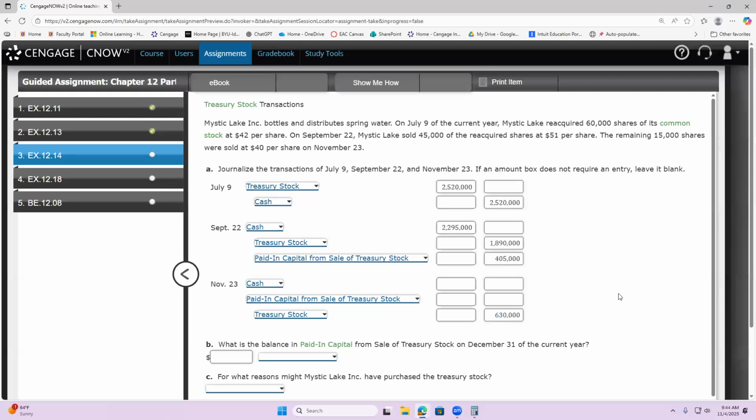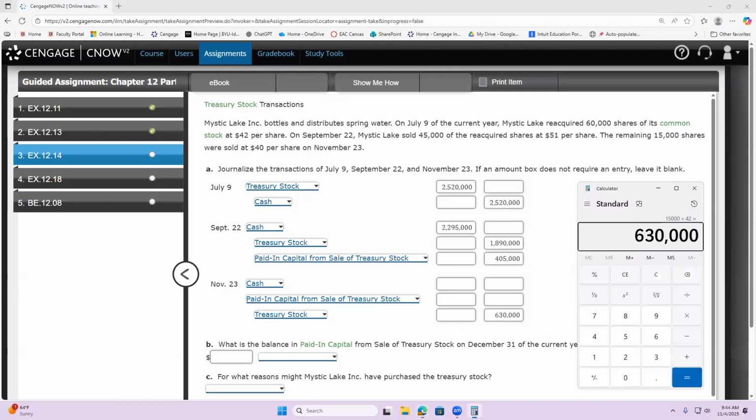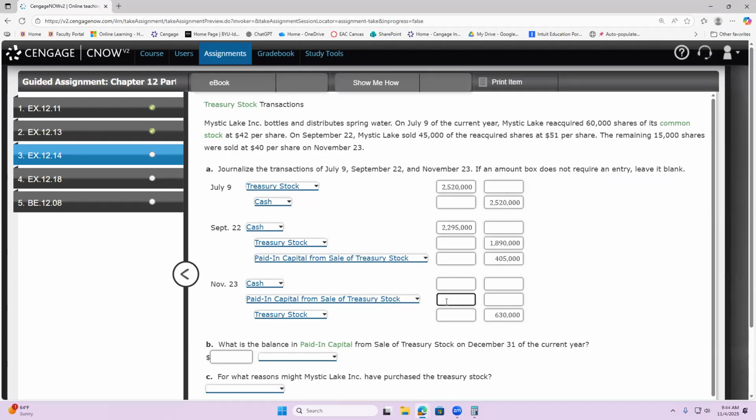So we're reducing our treasury stock by the cost of that treasury stock. But we actually didn't get full cash for it, right? We got negative $2. We lost $2 on each one. So I'm going to take $2 times the 15,000 shares, which is 30,000. And I'm going to debit that to the paid in capital from the sale of the treasury stock.